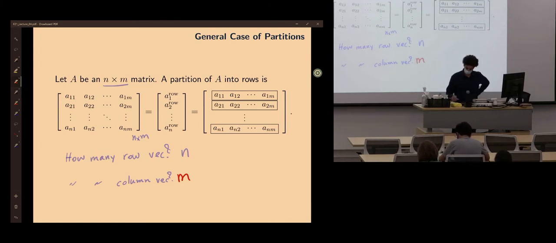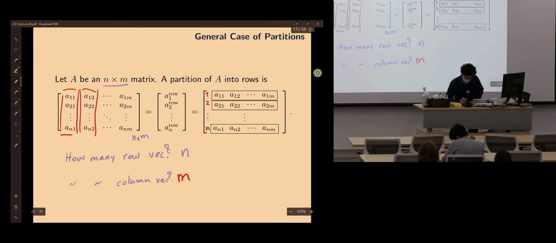So you can already see it here, row 1, 2, all the way to row n. And if we partition it in columns, this should give us m column vectors.